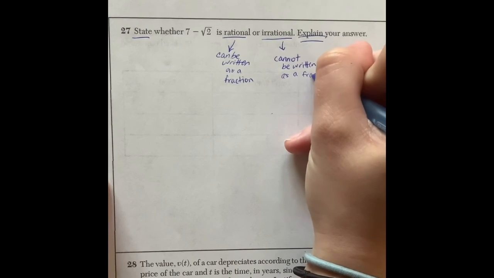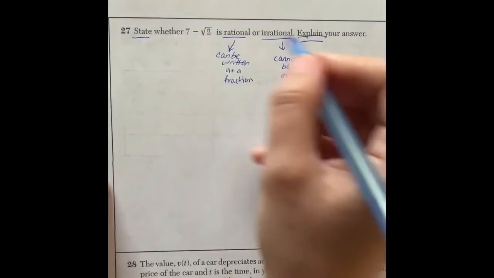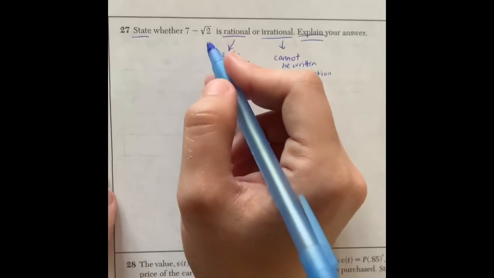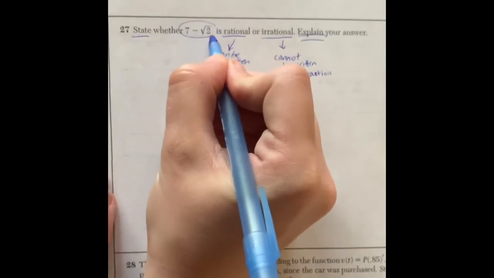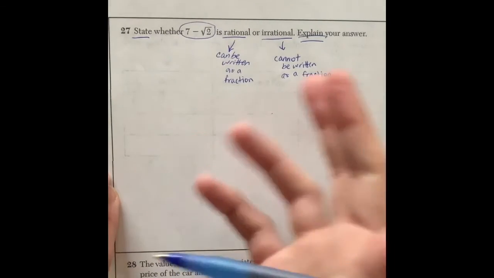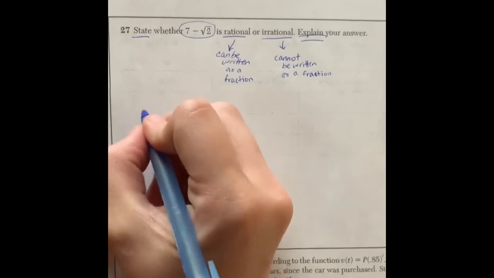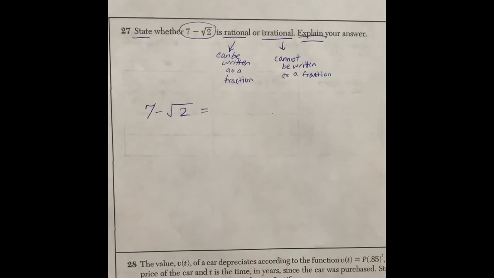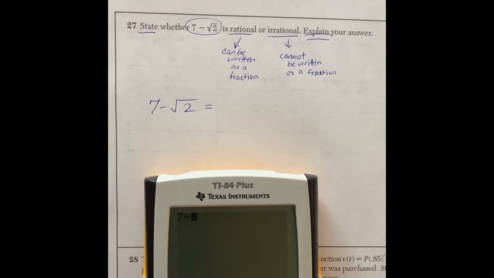If you can remember those definitions, you can answer any irrational or rational question. So, they want to know whether 7 minus radical 2 is going to be rational or irrational. So I need to type that in the calculator. 7 minus square root of 2.